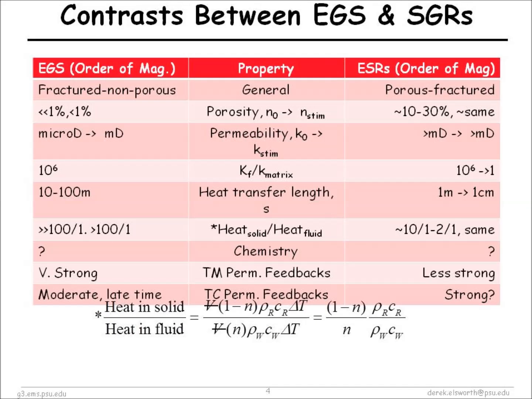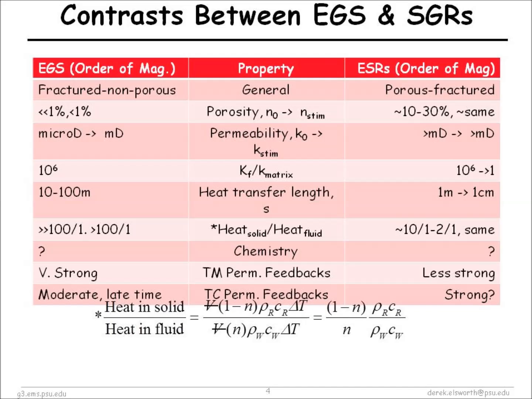So comparing EGS reservoirs to engineered sedimentary reservoirs, you can look at the differences in parameters. And I think some of the important parameters in terms of geothermal energy are here. Certainly, if you're looking at EGS, it's typically a fractured, non-porous regime, and in sedimentary you're probably looking at porous, perhaps also fractured.